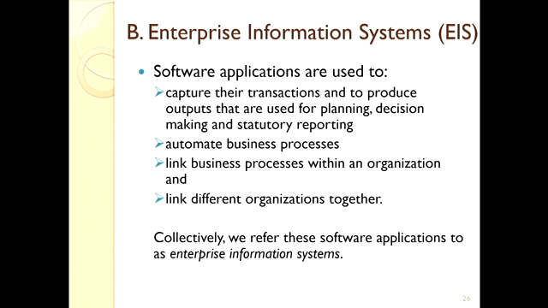Next, linking business processes within an organization. Sometimes the software can automatically connect different departments within the same company. For example, as we will talk about with the enterprise resource planning system later on, with this software application, the transactions recorded by a salesperson can be automatically shown and connected to the accounting department.